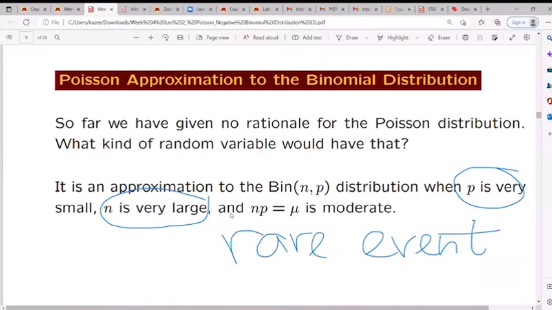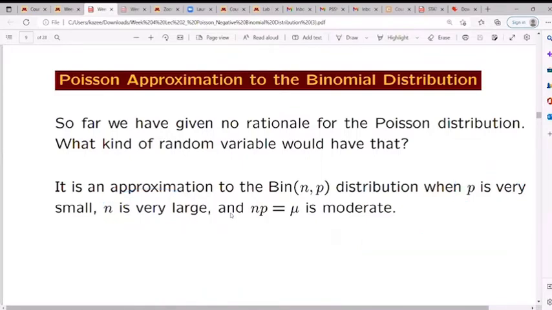That actually occurs on a blue moon. Or I just want to talk about how many accidents occur in a particular street. Those are rare events. Of course, that can actually be modeled by Poisson distribution.